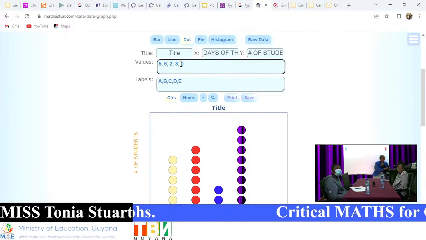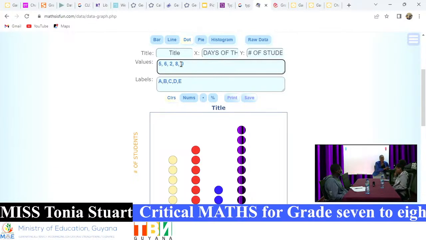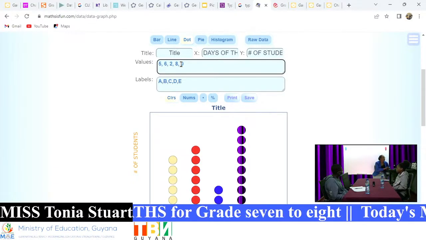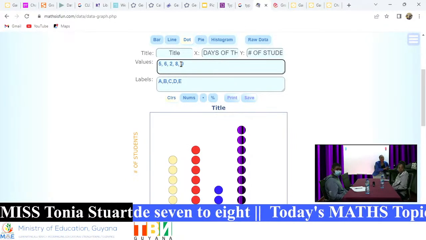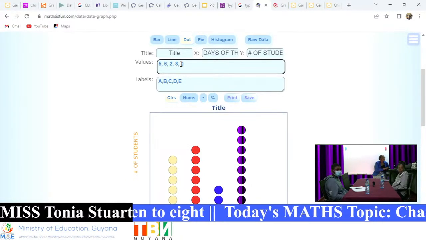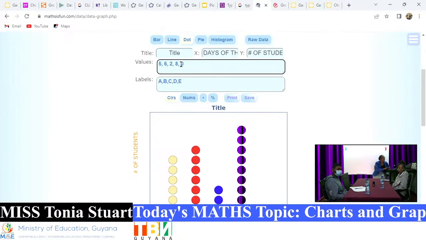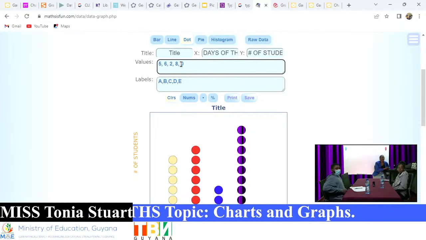So this is a dot diagram where you basically put dots or circles to represent it. It can also be represented by a pictograph or picture chart, where we can have, for instance, 5 bananas.